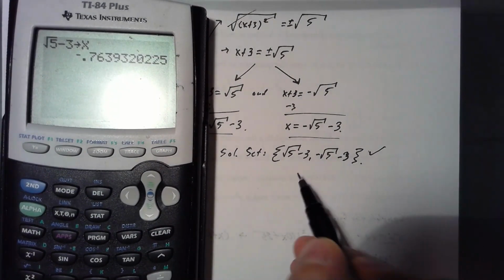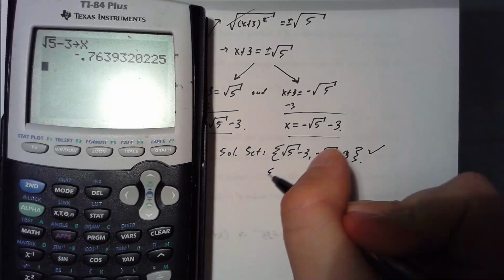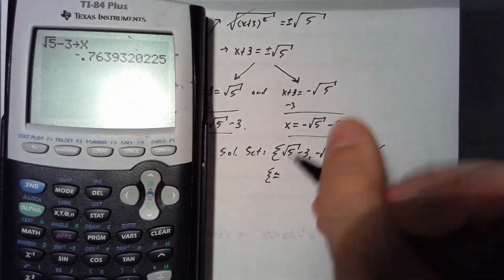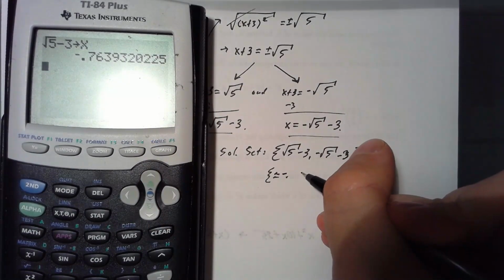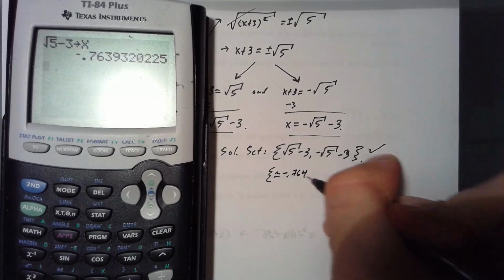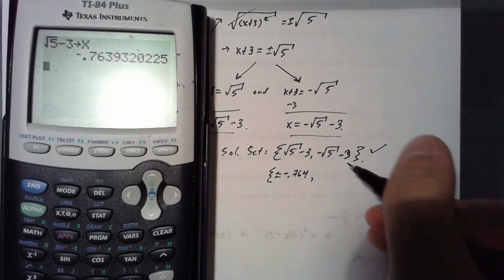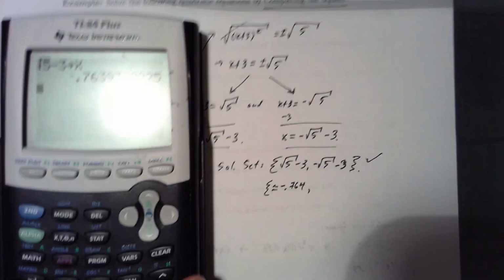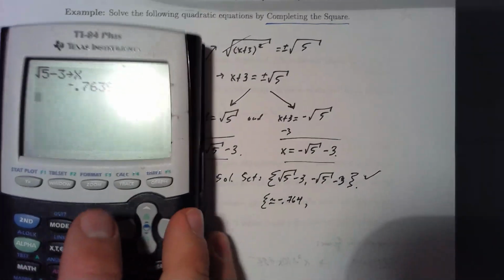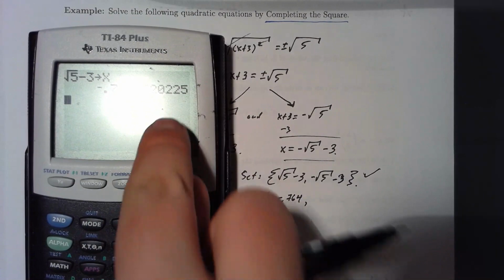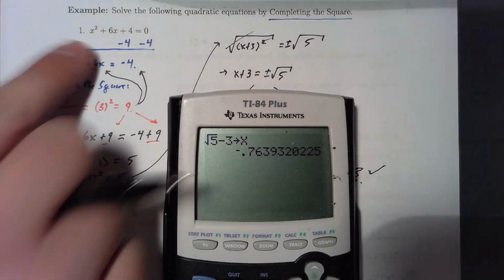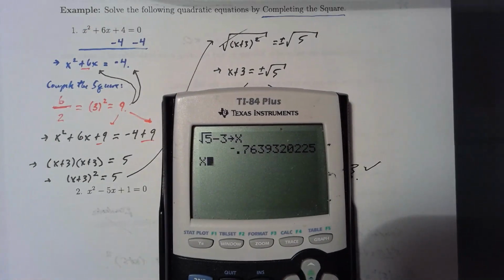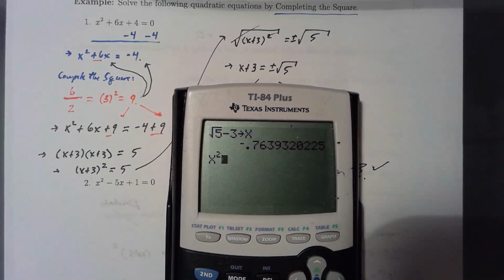So this value right here is approximately negative 0.764. I'll approximate the other one in a minute. But now that I have this value stored in for x, type in the original equation: x squared plus 6x plus 4. 0! Look at that. So that works.